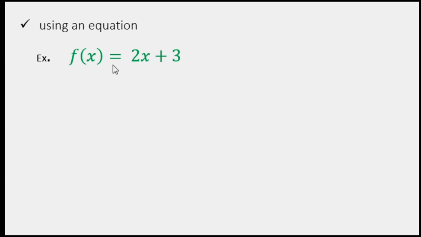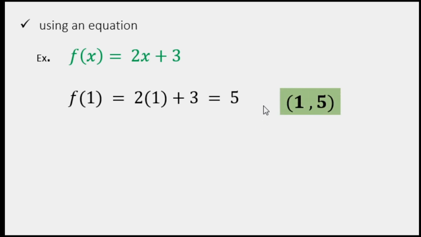So if, for example, x is 1, what is f of 1? We will replace x here by 1. So 2 times 1 plus 3 is 5, and this produces the ordered pair 1, 5. Now, what if x is 3?